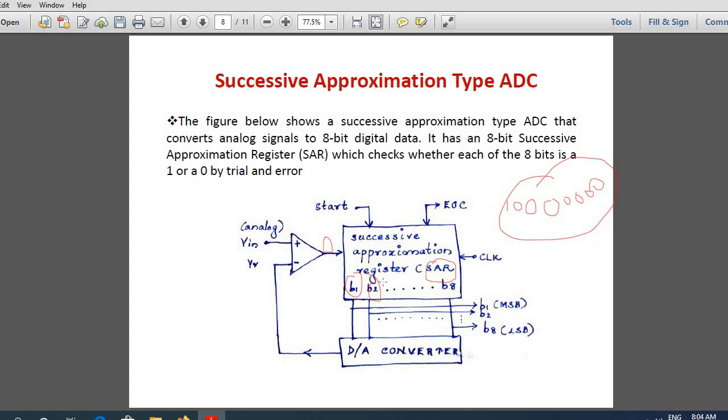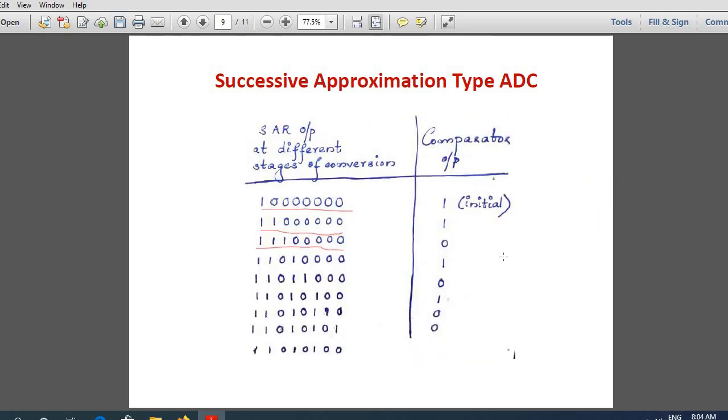So what you need to do is, when a 0 comes as the output of the comparator, the bit which was set previously should be reset, and then the next clock will be given to try the next bit. Okay. So when you get comparator output of 0, what happens here? Look in the next step.